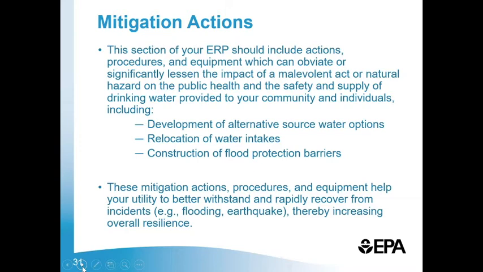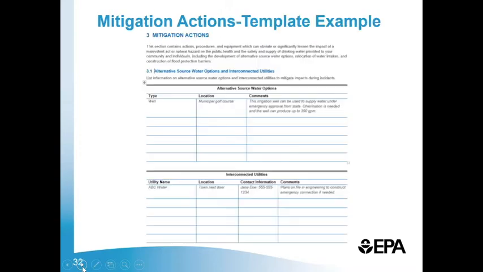But it's important because timely detection will make a utility more effective and efficient in response to threats. More effective response will allow your utility to implement its emergency response plan as quickly as possible. So on this slide, you'll see our actual mitigation actions template example. And again, we pre-populated some things for you, and you can personalize this for your own use.